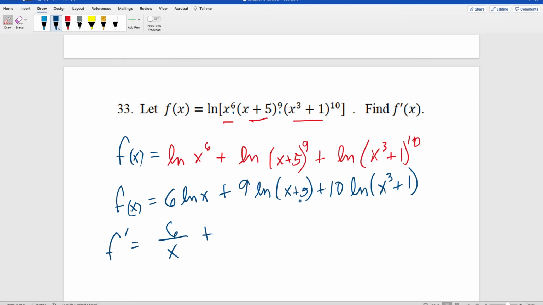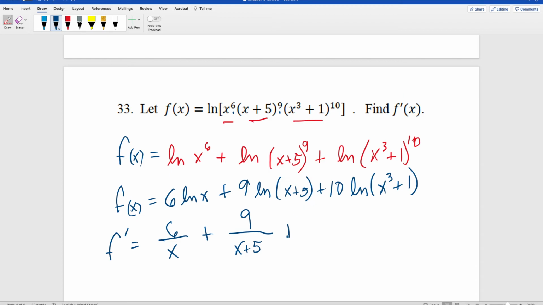It's going to be derivative of natural log 1 over x plus 5. And again, you could think, well, don't we have to use the chain rule? Yes, we do, but what's the derivative of x plus 5? It's just 1, so when you multiply by 1, it doesn't show up anyway. We're multiplying by 9. Again, you could put it out front, or you could just say, well, it belongs up at the numerator. So that one's all good.